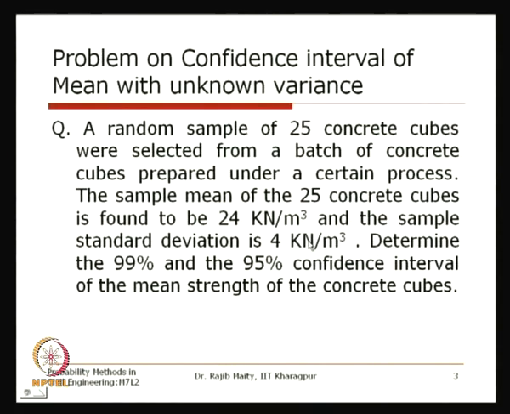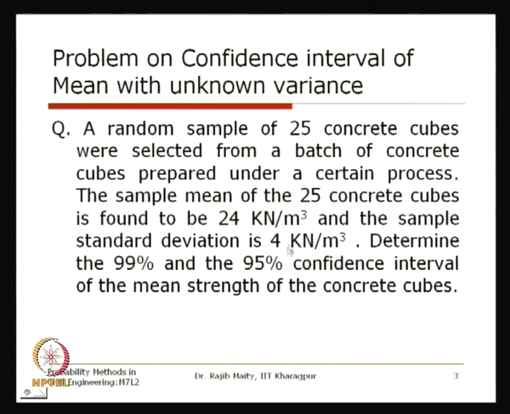So basically here the 24 kilonewton per meter cube and 4 kilonewton per meter cube are given as the mean and standard deviation. What happens is that 25 concrete cubes are there, so 25 values can be obtained, and from there we can calculate the mean using the estimator we discussed in the last class, that is x bar equals the summation of all these values divided by n, here 25.